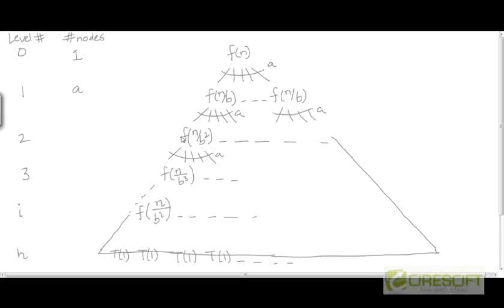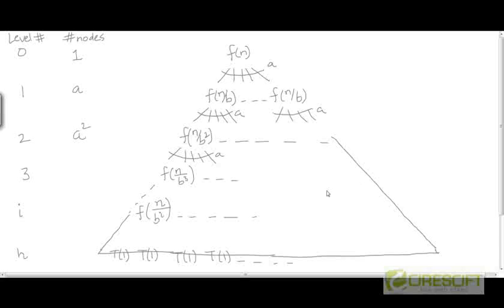So the total number of nodes at level 2 is going to be A square. Again at level 3 each of these nodes has a branching factor of A, because we are dividing the original problem into A subproblems.